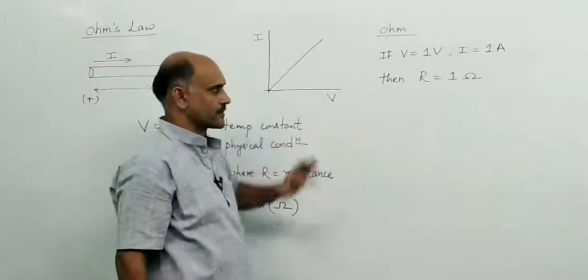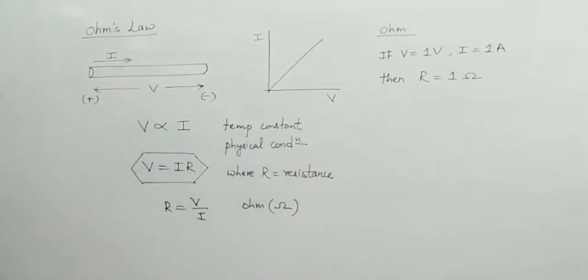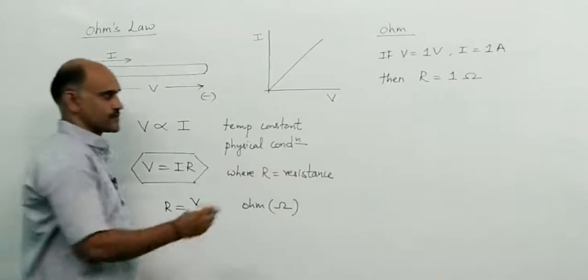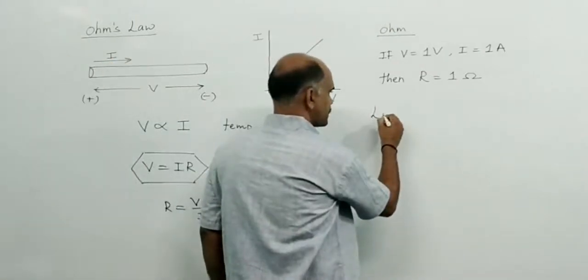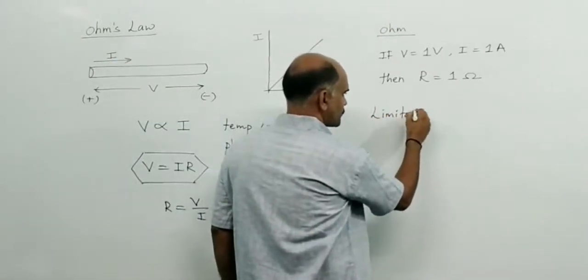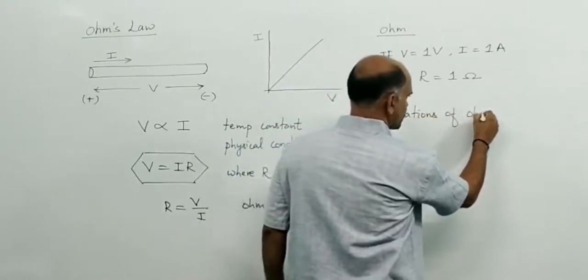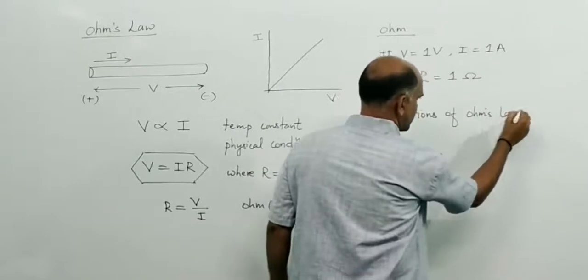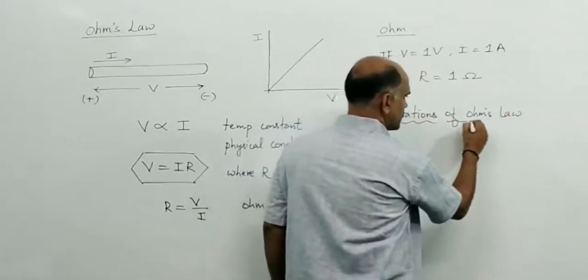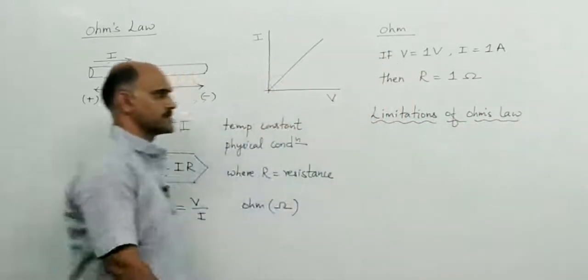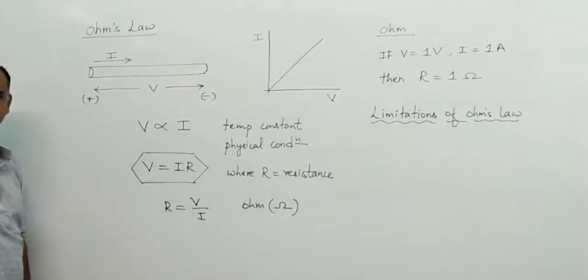Clear? Okay. Now, let us see the limitations of Ohm's law. Limitations of Ohm's law means disadvantages or drawbacks, you may say.